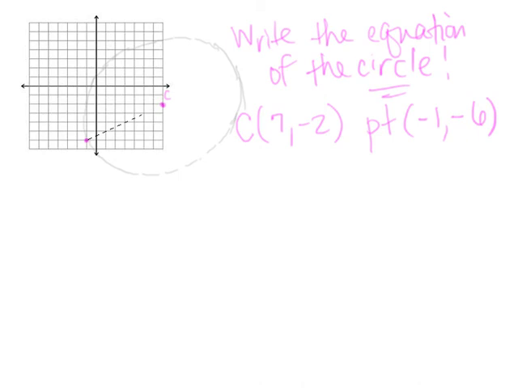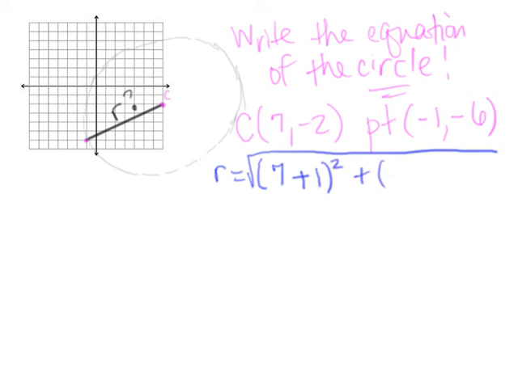And we're missing the radius. Notice that I can form a radius just by connecting the center and the point that's given to me. So that distance from the center to the point is the radius, and that's what we'll need to find. We can do that just by using the distance formula. So our radius, which is the distance that we'll need, will be the square root of 7 minus -1, so that becomes +1, squared, plus -2 minus -6, squared.